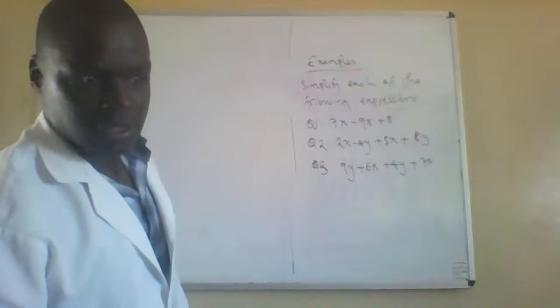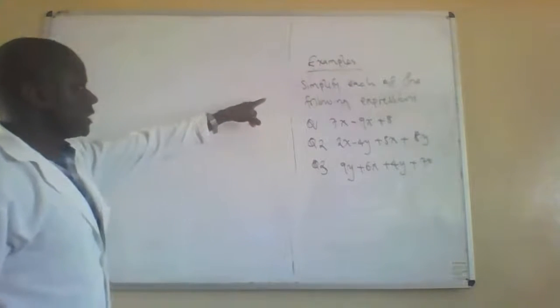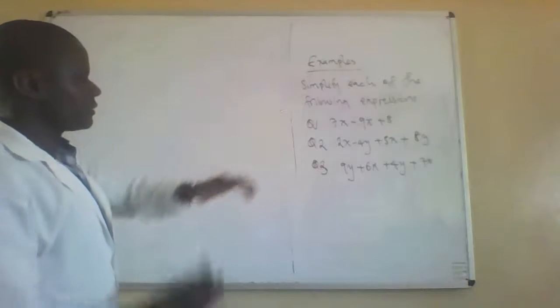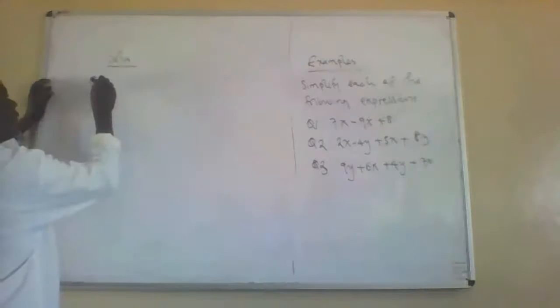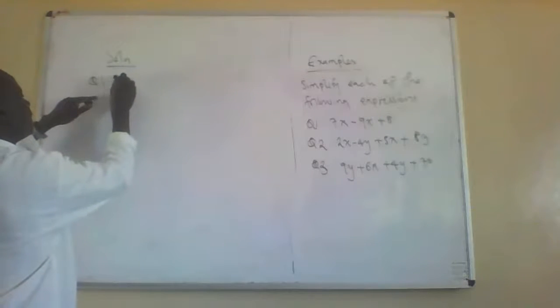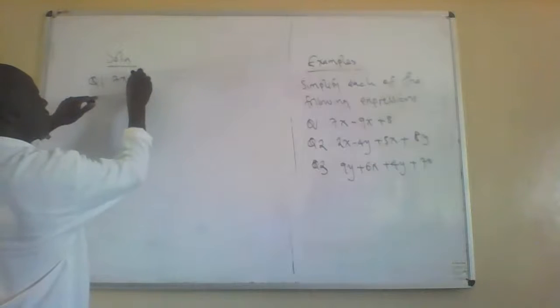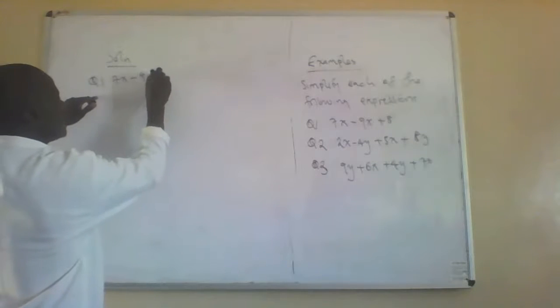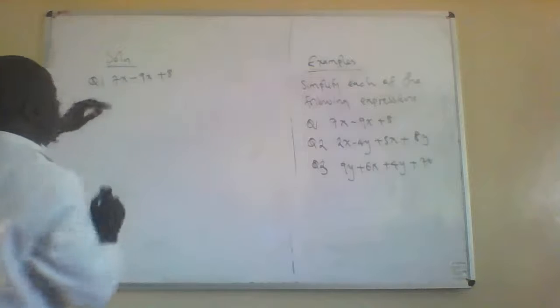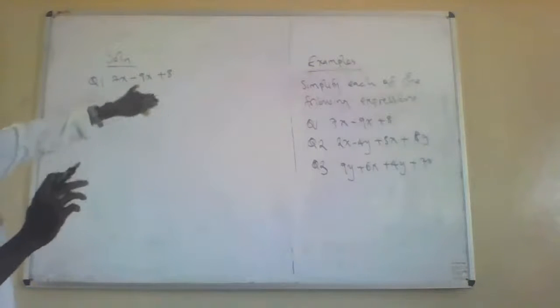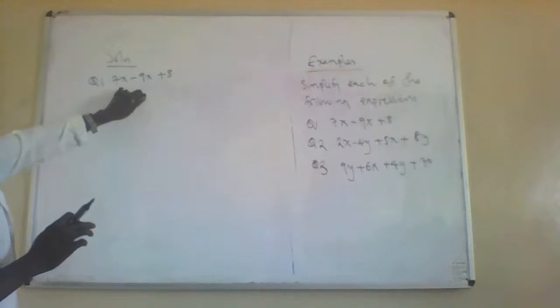All right. So the question says, simplify each of the following expressions. The first expression, number 1, we have 7x minus 9x, then plus 8. First thing first, like terms. So we're going to add these.